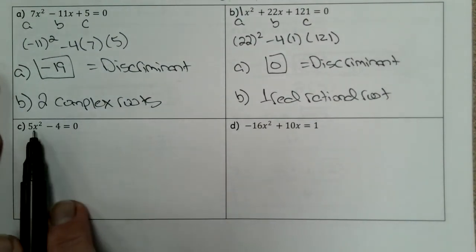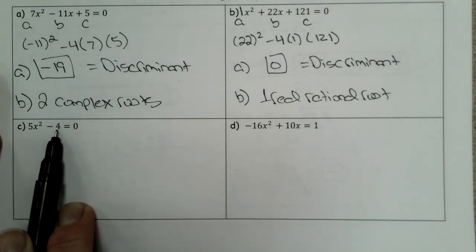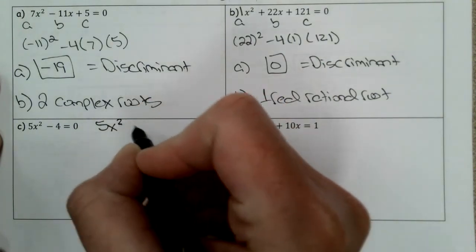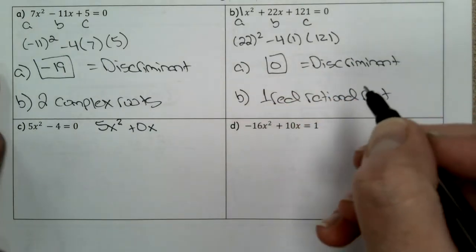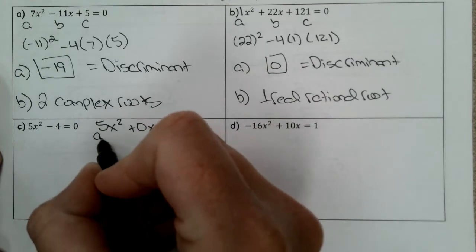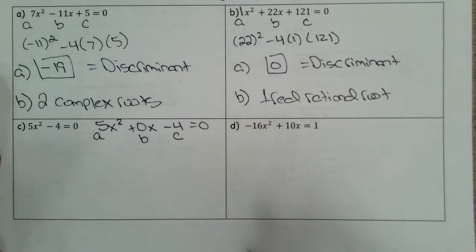Letter C. Okay, so I only have 2 terms. I have my A, and then my constant is my C term. I would probably rewrite this out and put my filler 0 in for the B term. So now I can properly label, and I see what A, B, and C are.